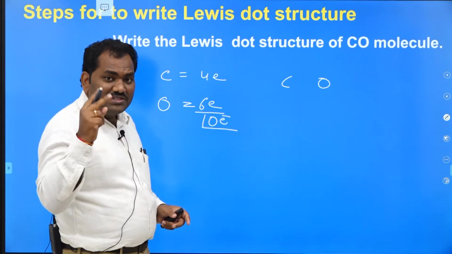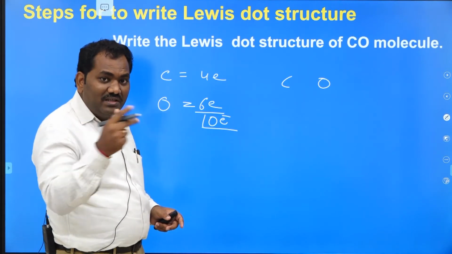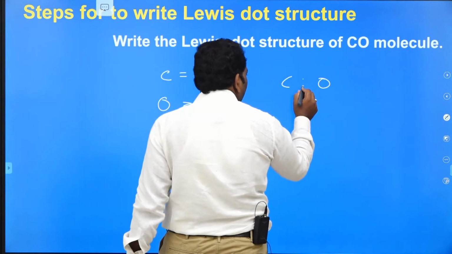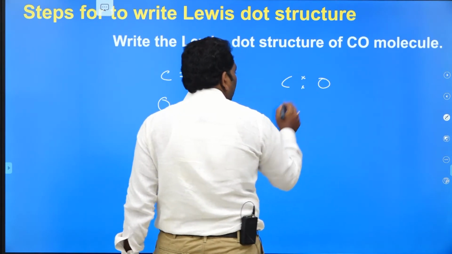The bond means 2 electrons, and the 2 electrons are represented as dots, like this.